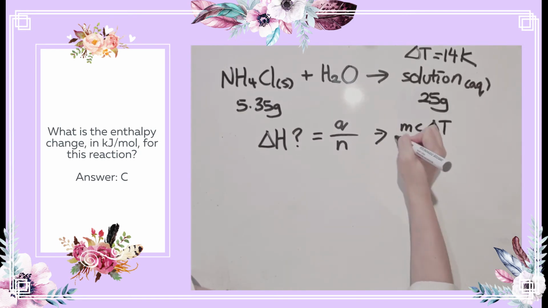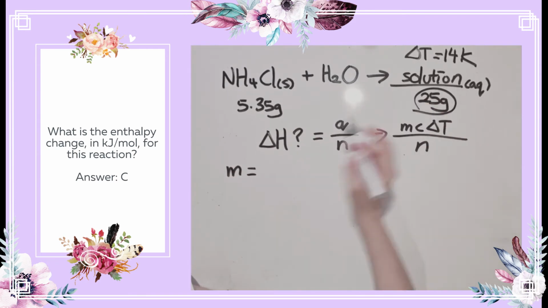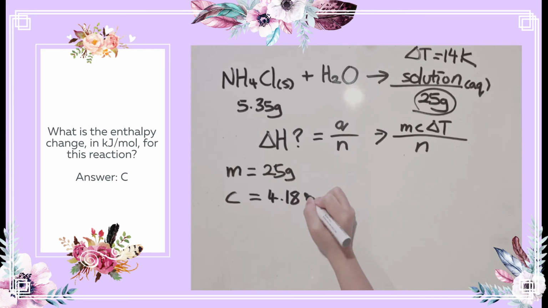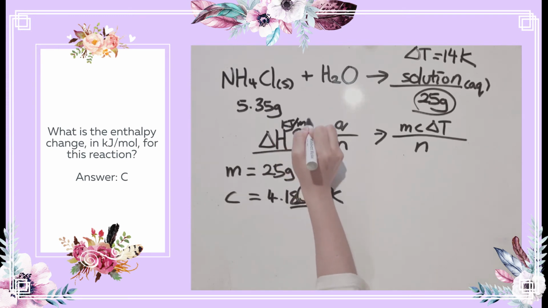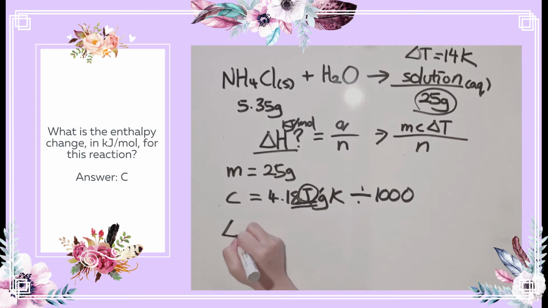To find delta H, the change in enthalpy, it's heat divided by mole, which can be re-expressed as mc delta T over n. Mass is 25 grams and heat capacity is given as 4.18 joules per gram per Kelvin. But as the question wants the delta H in kilojoules, we need to divide by 1000.